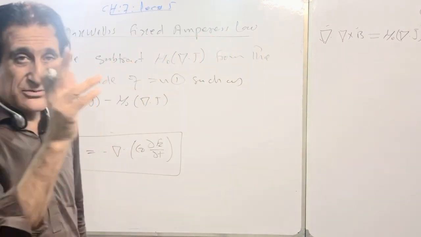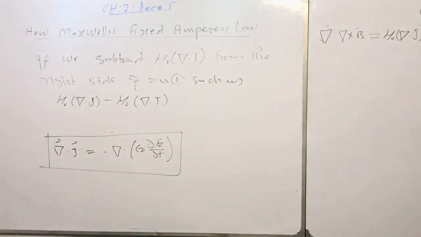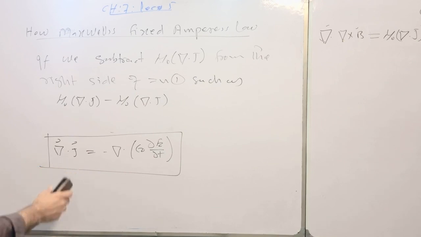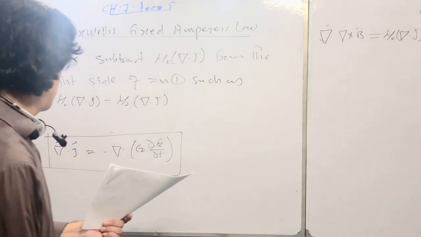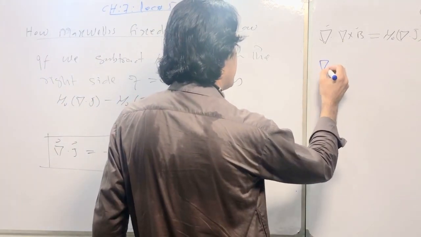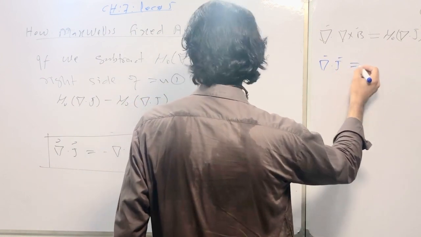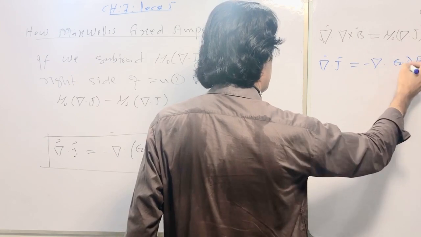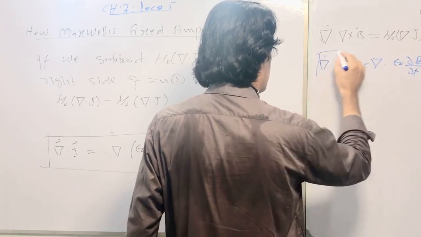So I'm going to proceed with this problem to the correction term. This divergence is also very important. I have to write down here divergence J, which is equal to minus del dot epsilon naught partial E divided by partial t.